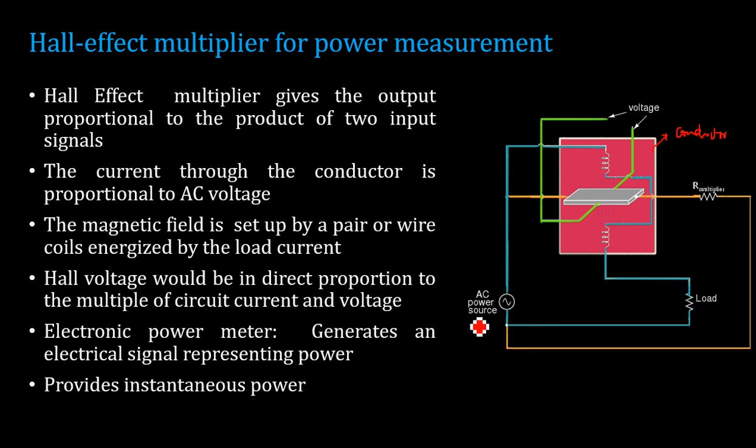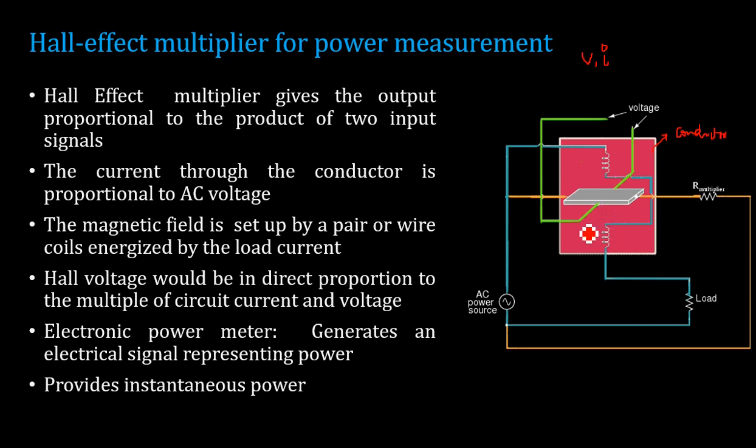To measure power, you need two components, voltage as well as current. This blue circuit carries the load current. Once it is carrying the load current, you are placing some coils which generate a magnetic field, perpendicular to the conductor, from top to bottom or bottom to top.